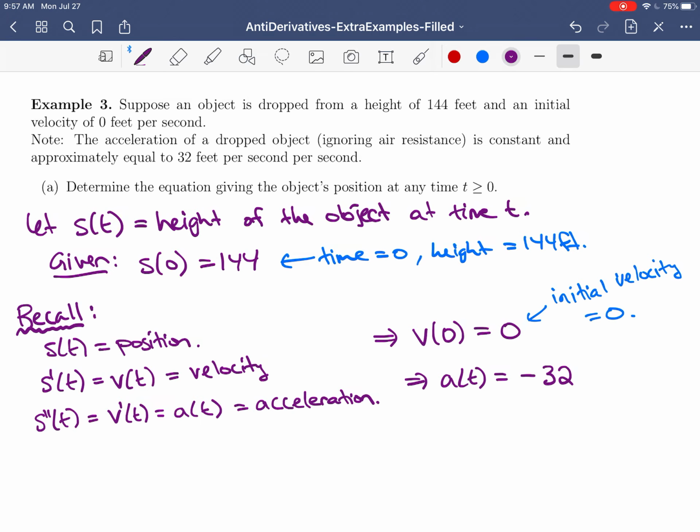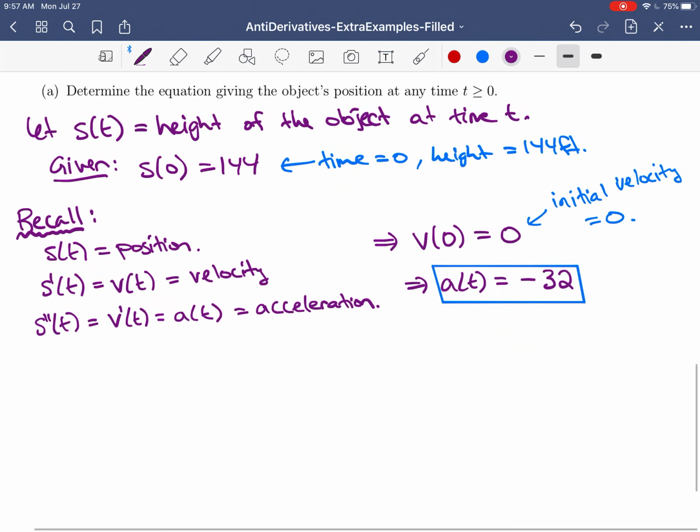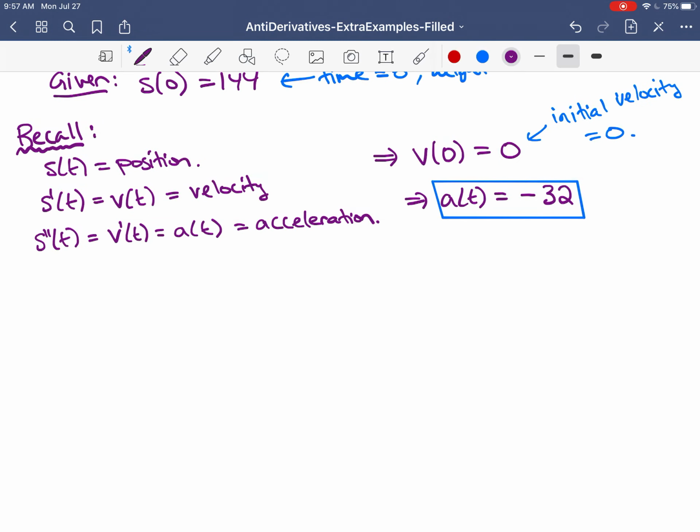So now we know the acceleration function. We want to go backwards to try and find the position. So that means that v of t is going to be the antiderivative of the acceleration, and t is our variable here.